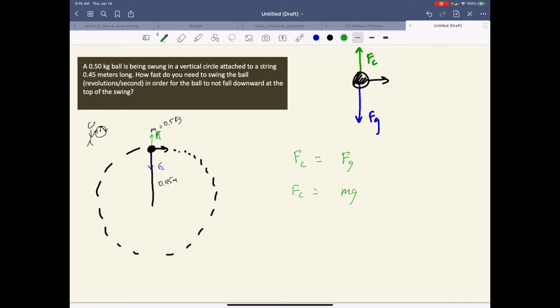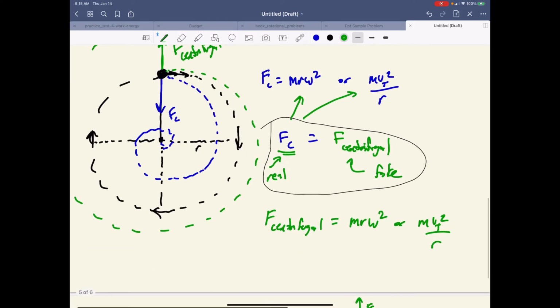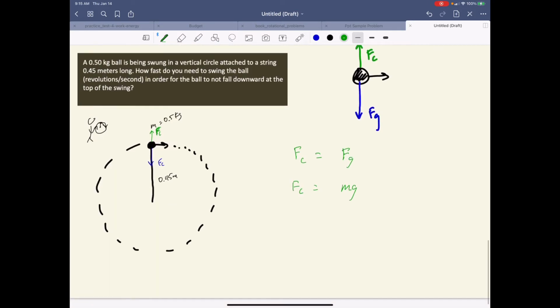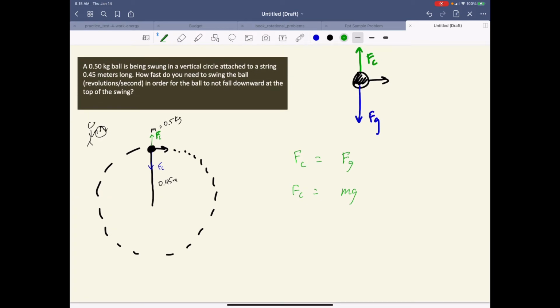We know from this earlier idea that even though centrifugal force is a fake force, we can still calculate it using the equations for centripetal force.